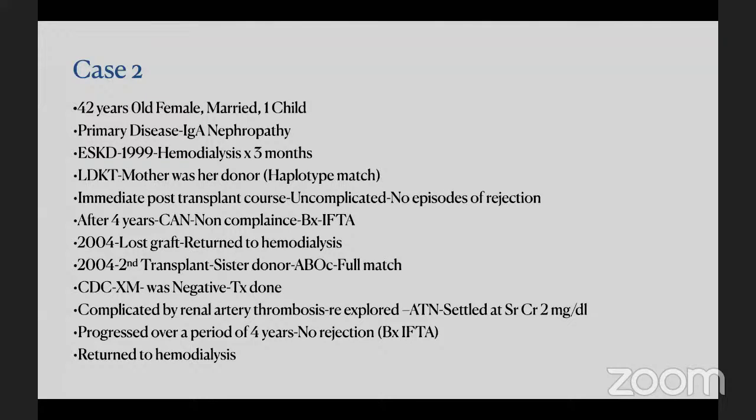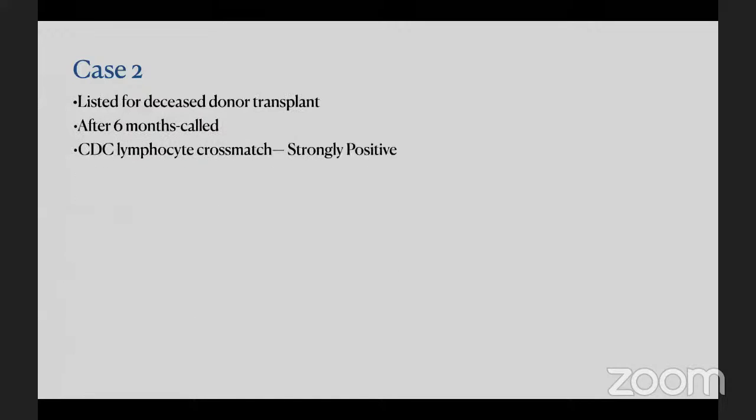This was complicated by renal artery thrombosis, underwent re-exploration, had tubular necrosis, and her creatinine settled down to 2. She progressed over a period of 4 years, and there was no rejection at the time. And she went back on dialysis. This was the time when we saw her. She was listed for a donor transplant.